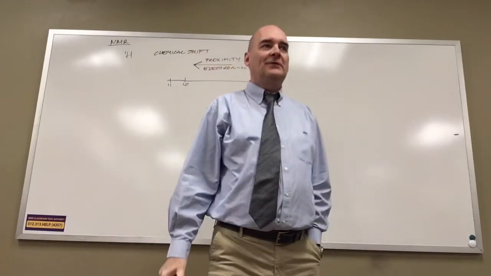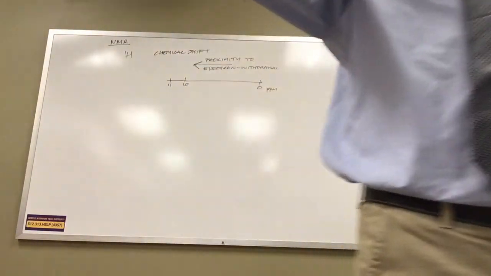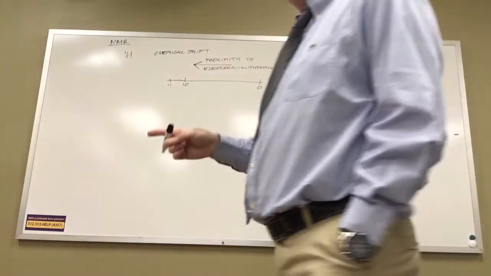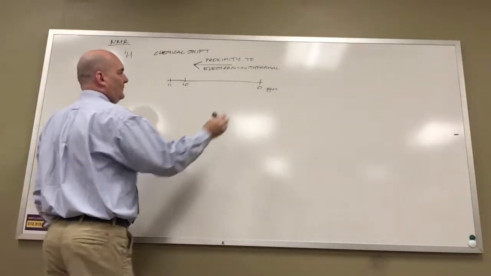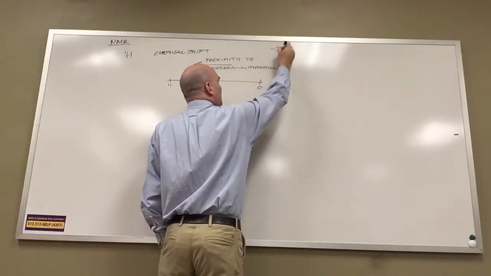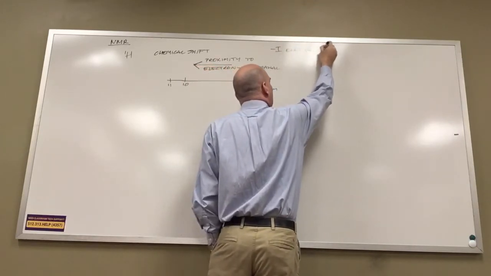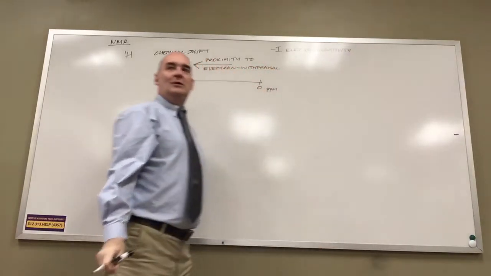Name the 2 forms of electron withdrawal. Electronegativity is 1. That's the inductive effect, the -I inductive effect, which is electronegativity. What's the other form of electron withdrawal?